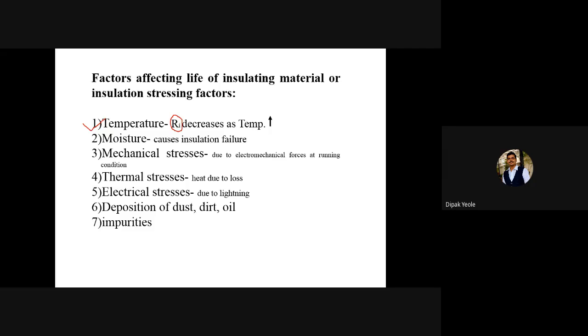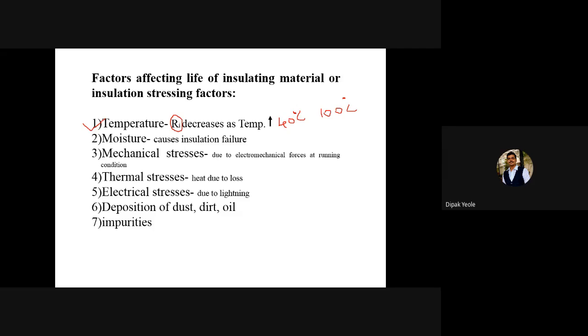Obviously, if the temperature is 40 degrees Celsius, one can say the insulating material behaves normally. But if the temperature is beyond 100 degrees Celsius, there is a possibility of deterioration in the insulator, and the insulation resistance decreases.